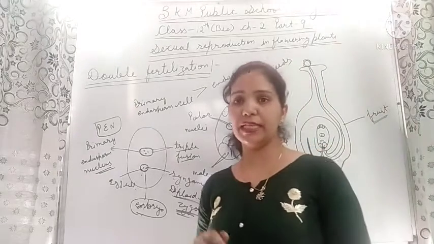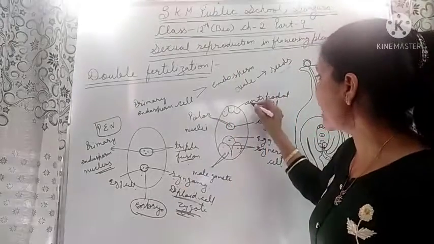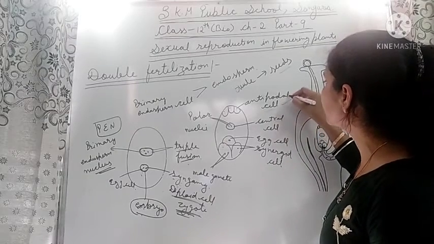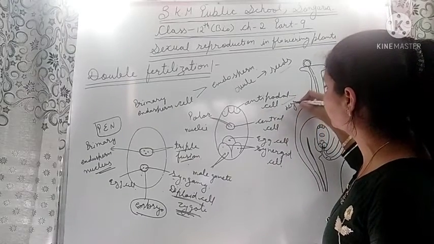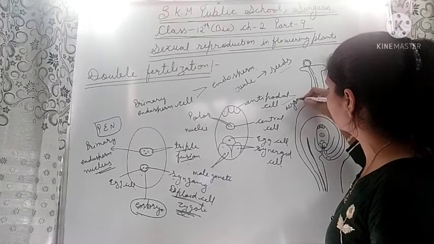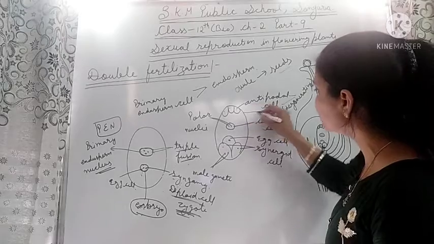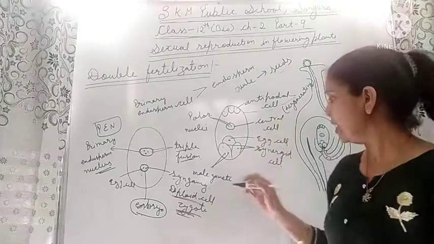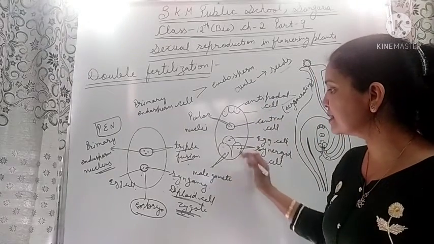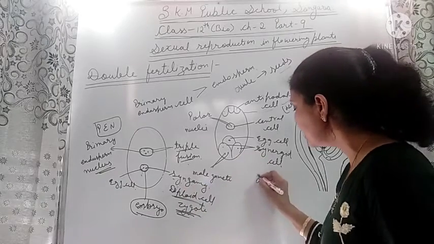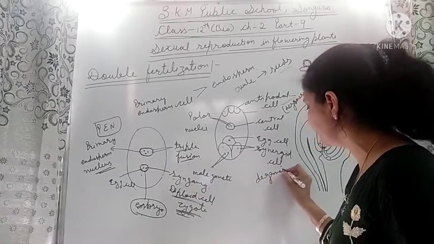After the double fertilization, these antipodal cells start degenerating. ये degenerate हो जाती हैं. साथ में synergid cells भी after syngamy, synergid cells degenerate.